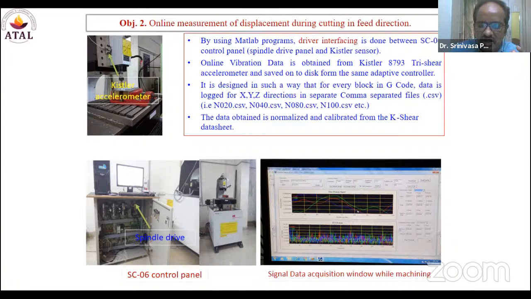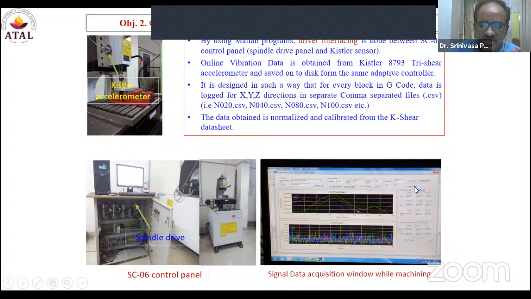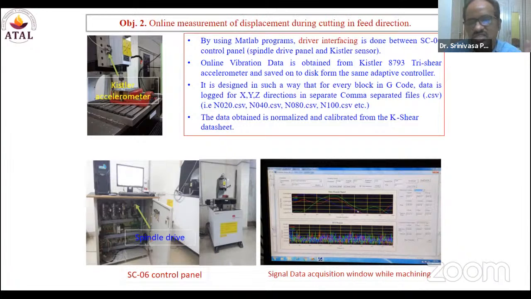Whenever the conversion of this signal identifies a value which is not acceptable according to the suggestions of ISO 10816, then this system needs some change of input instructions.